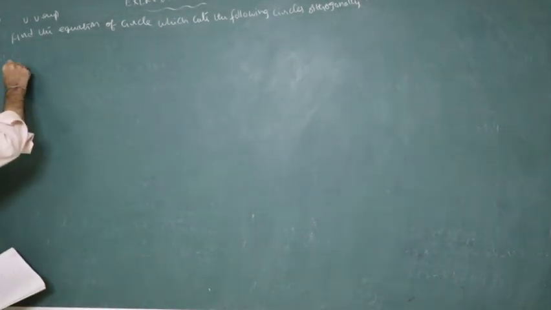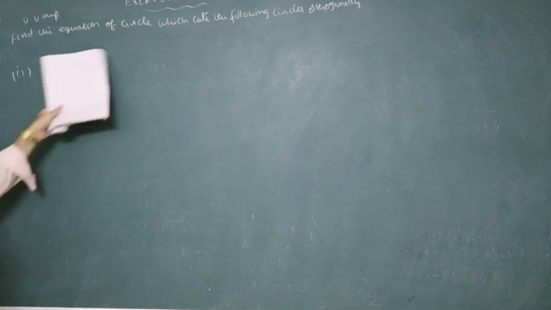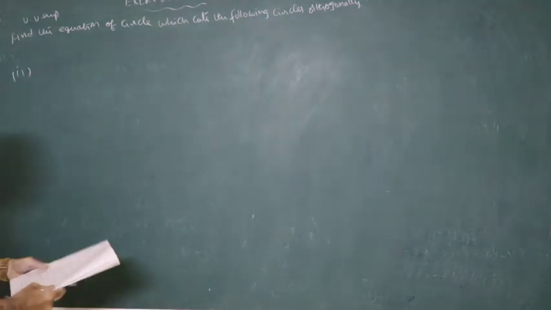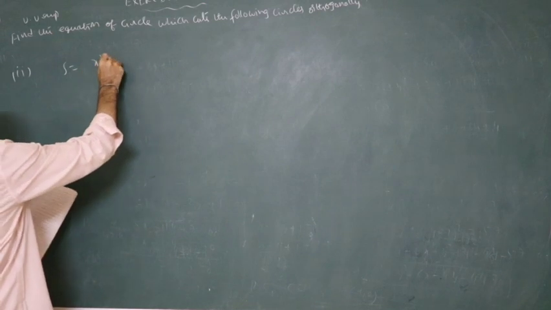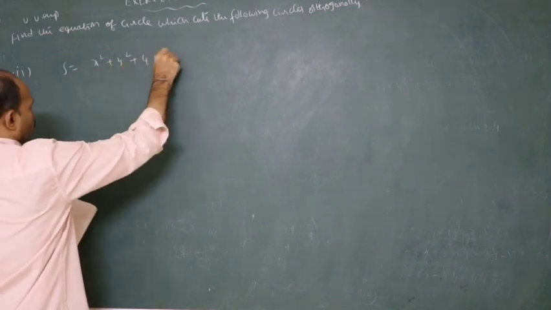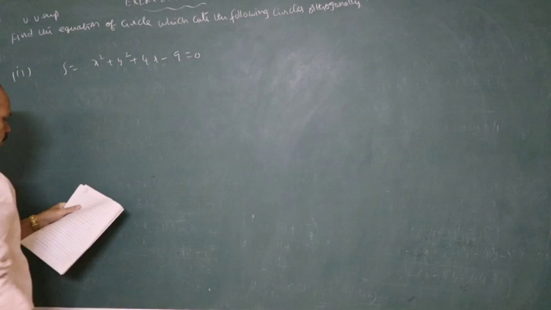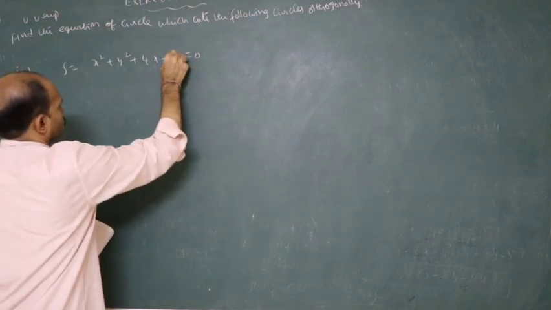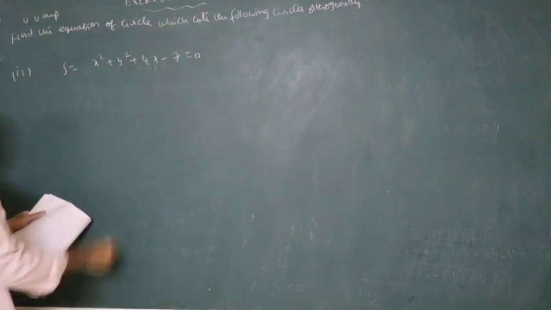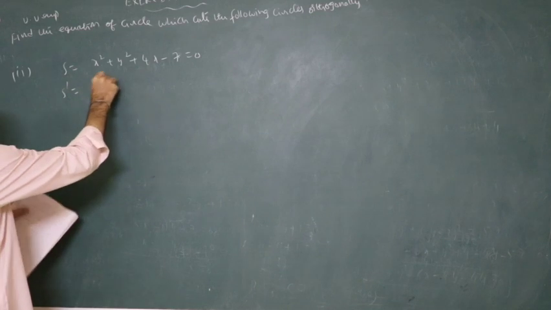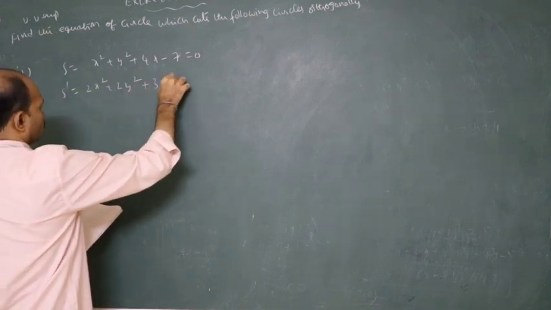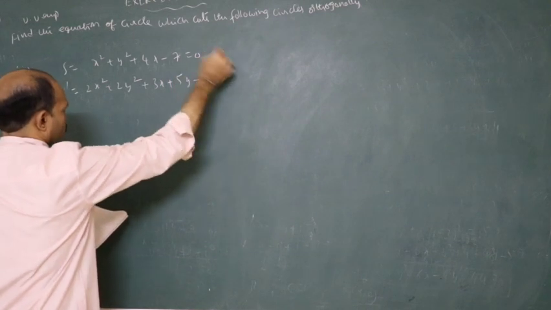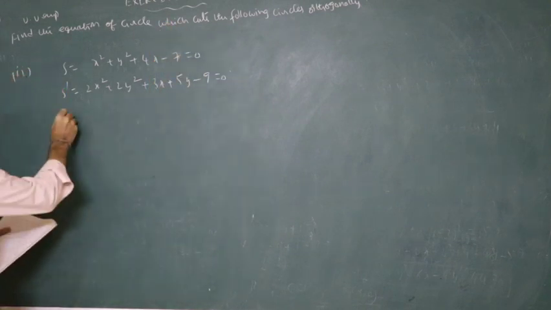Find the equation of the circle which cuts the following orthogonally. I am giving the circles. S is equal to x square plus y square plus 4x minus 7 is equal to 0. And S dash: 2x square plus 2y square plus 3x plus 5y minus 9 is equal to 0.